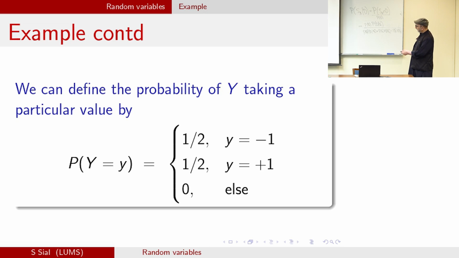It's 1/2 if y equals +1. And there's 0 probability that it takes any other value. So this is the way that I will commonly write the information about the probability of a random variable taking various values. All right, I'll write it something like that.